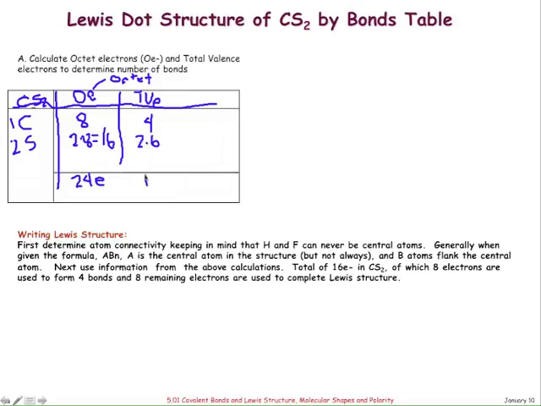That's a total of 16 valence electrons. But guess what? If we take 24 and subtract 16, that difference, which happens to be 8, tells us the number of electrons we have to commit to bonding.